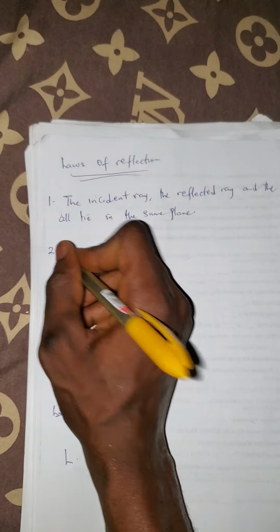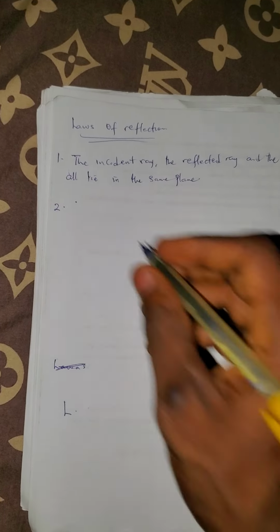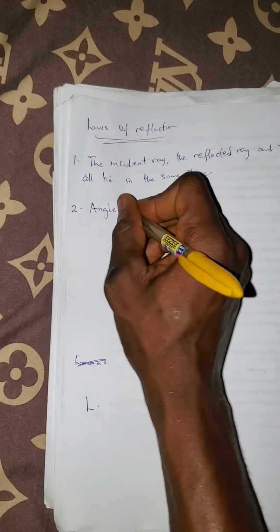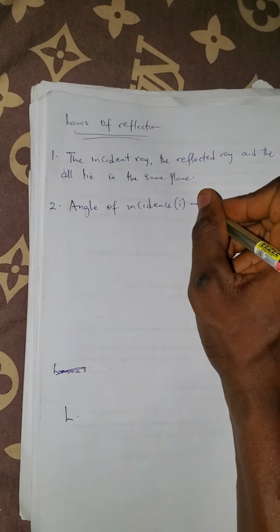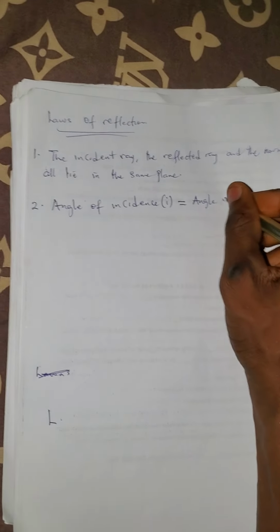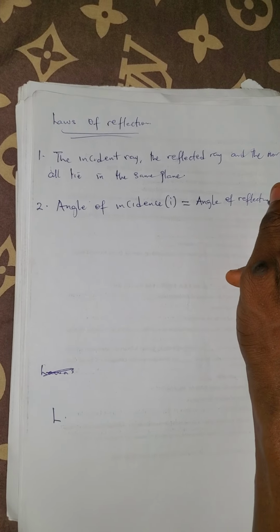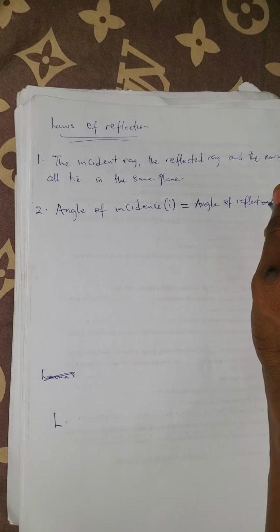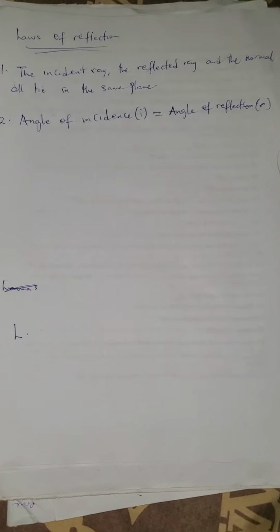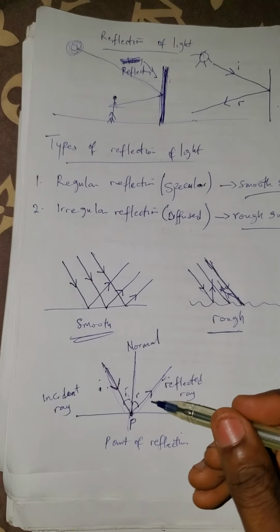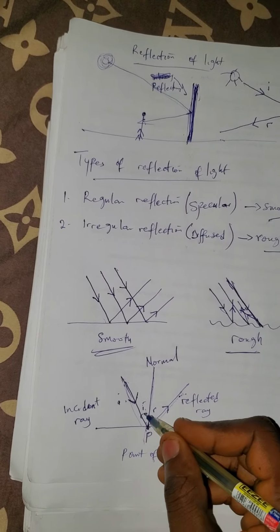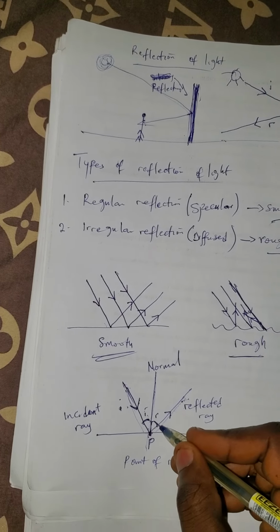Now, law 2. So with that structure, you are good to state the laws of reflection of what? Of light. The second one says the angle of incidence, which is I, is equal to the angle of reflection, which is R. So therefore, if you check this very well, the angle that is here is the same thing as the angle that is here.